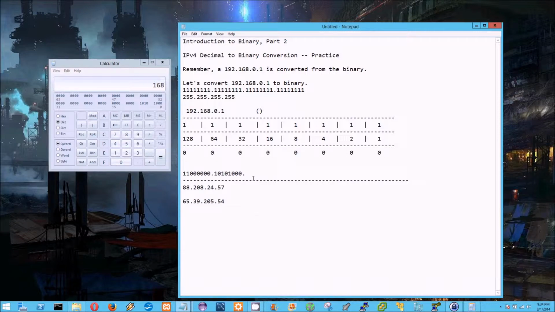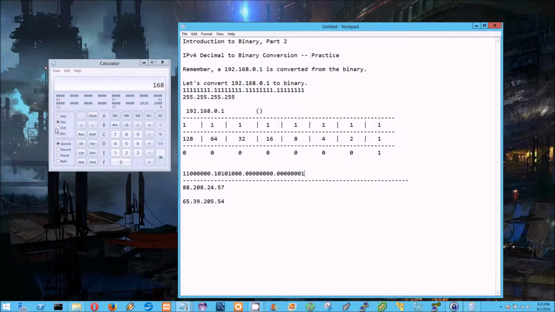Down here, 1, 2, 3, 4, 5, 6, 7, 8. That is the third octet of the binary. Now the last one is just the number 1. We don't need to do anything special with this either, because 1 is not equal to anything except this last bit. 1, 2, 3, 4, 5, 6, 7, 8.